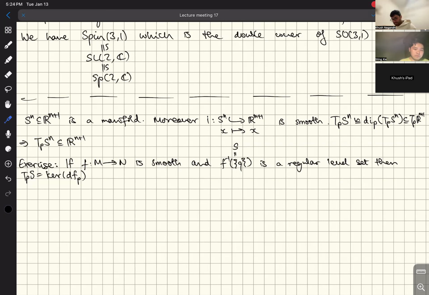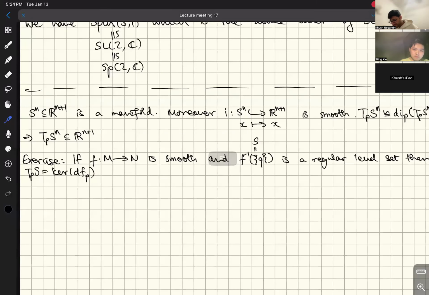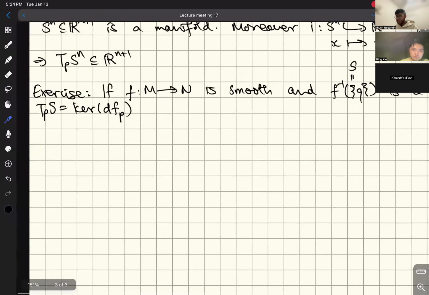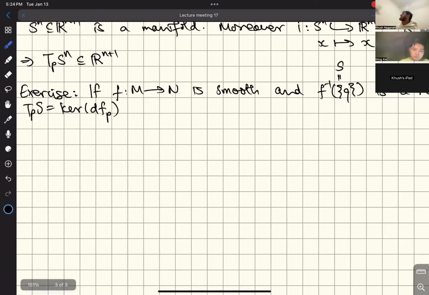Okay, so with this, if you remember, this is I think exercise 2 in the second problem sheet. I asked you to show that the velocity of a curve on the sphere is perpendicular to the curve itself.